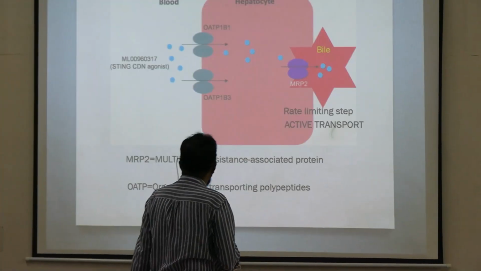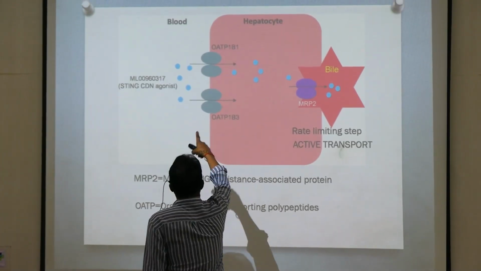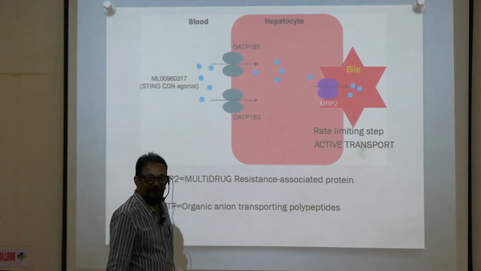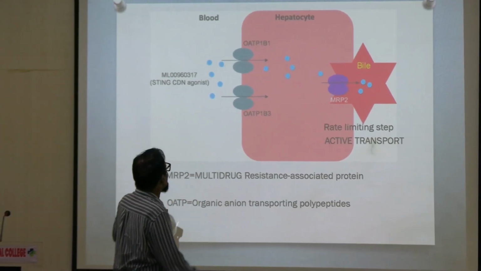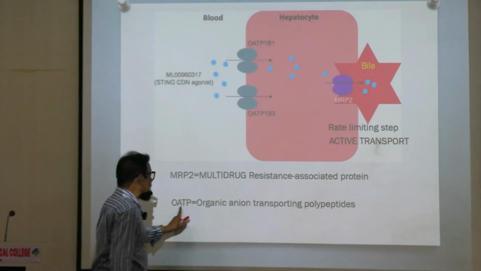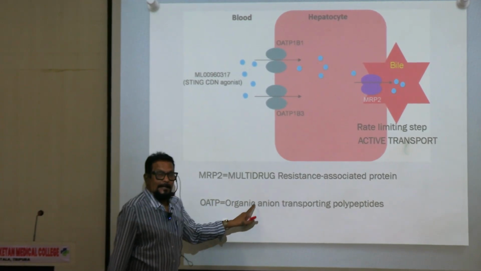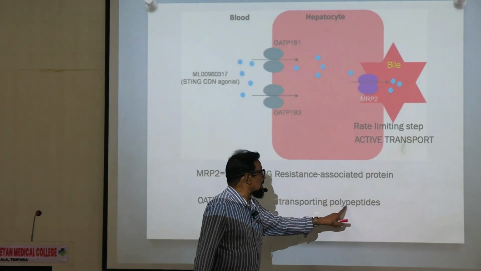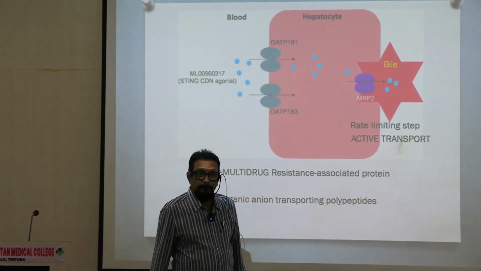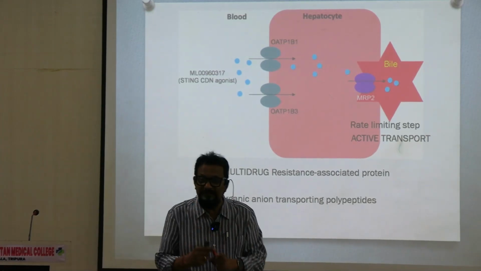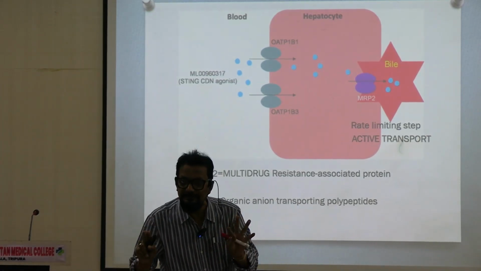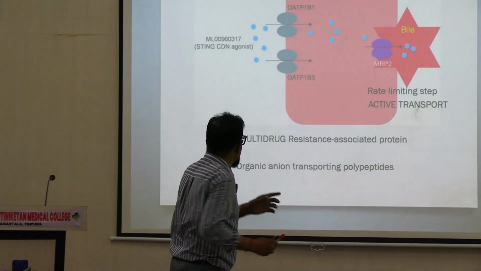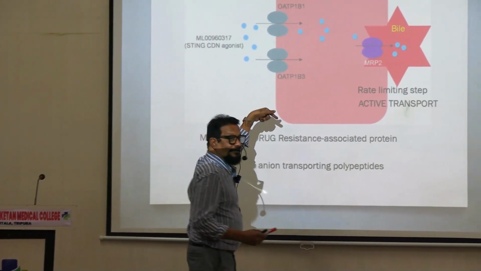Write this carrier. What is this carrier? OATP. What is OATP? Organic anion transporting polypeptides. With the help of these proteins, bilirubin enters within the hepatocyte. Without them it is not possible.